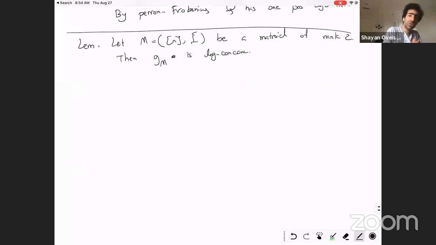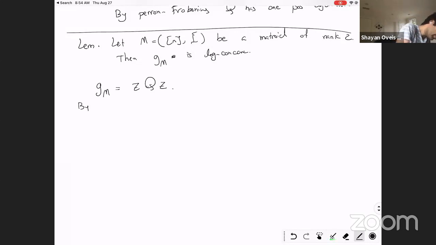If you have a matroid of rank 2, you look at the generating polynomial of all bases. This is a 2-homogeneous polynomial, so I can write G_M as z transpose Q z because it's 2-homogeneous.